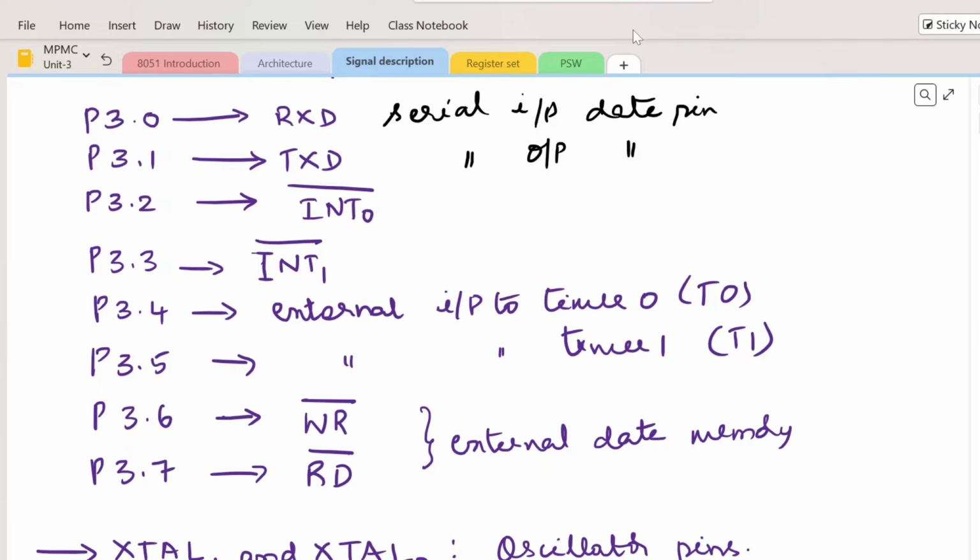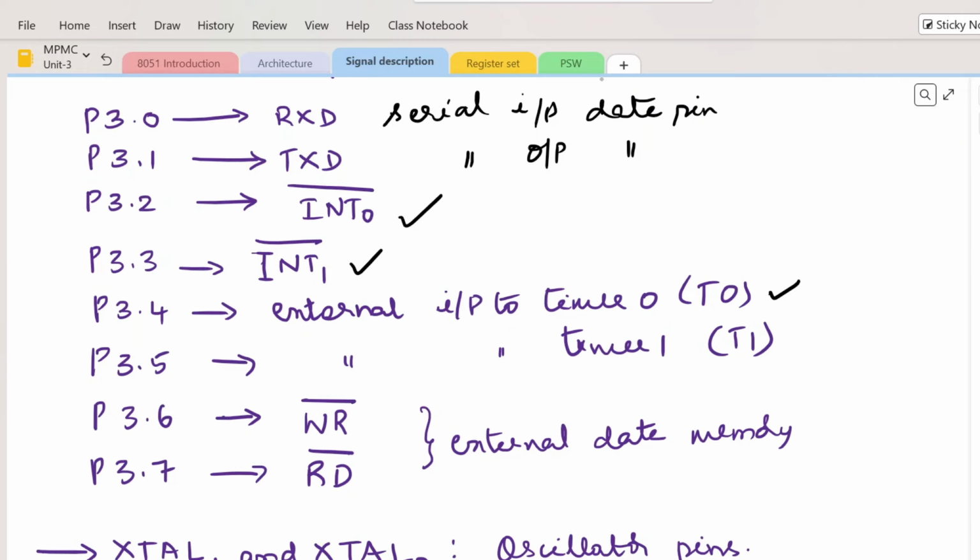P3.2 acts as external interrupt pin 0, that is INT0. P3.3 acts as external interrupt input pin 1, that is INT1. P3.4 acts as external input to timer 0, T0.